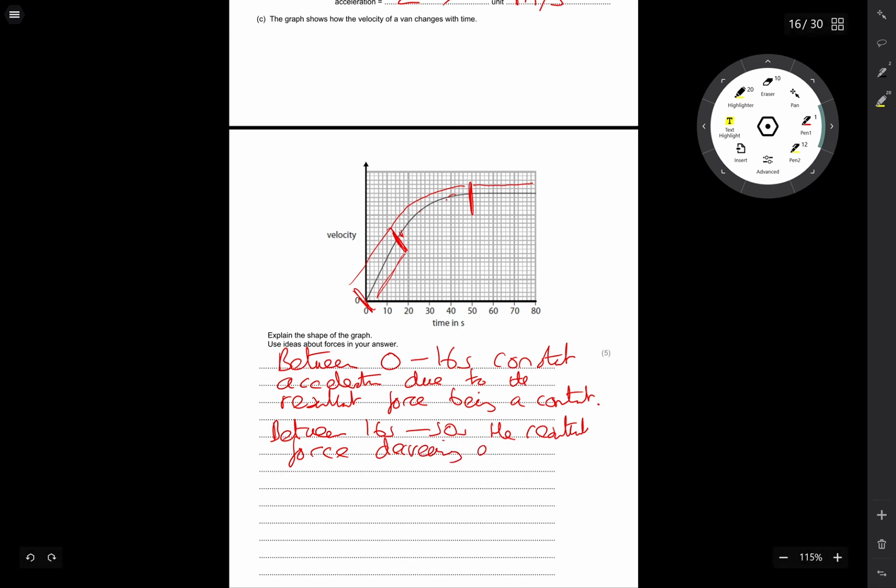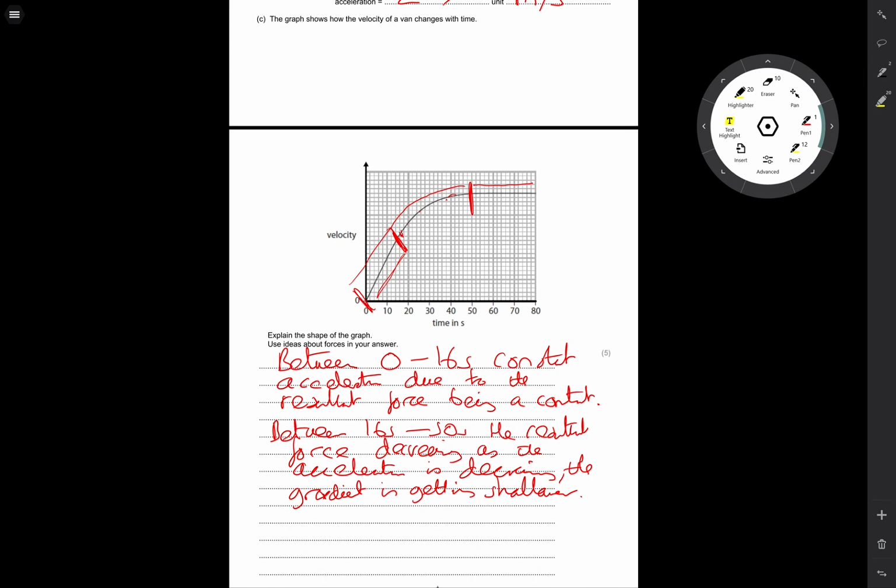As the acceleration is decreasing, we can see that because the gradient is getting shallower or less steep.